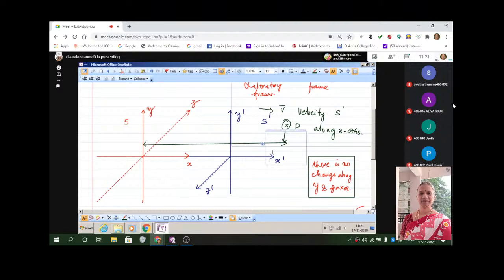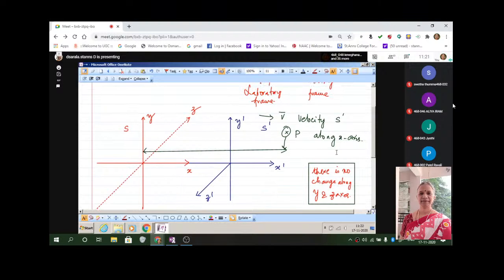When you are observing, one more important observation here. What was the distance we said? This distance is x. Now, what is the distance of this with respect to this? So, let me draw.